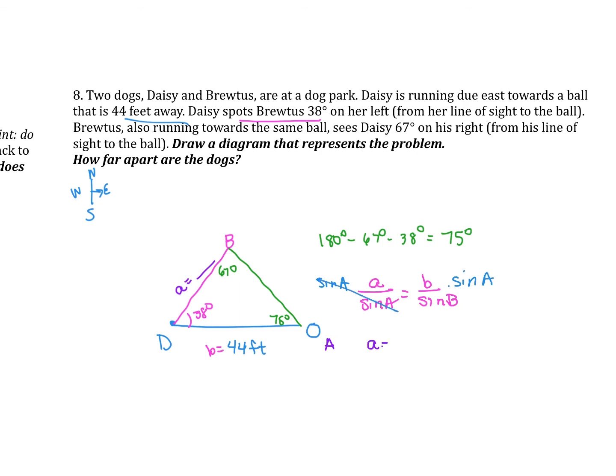So to find that distance A, we have side B, which is 44 feet, sine of angle A, which is 75 degrees, over sine of B, which is 67 degrees. Then once you plug it in your calculator, you will find the distance is approximately 46.17 feet apart.